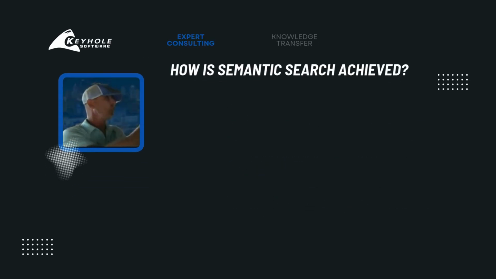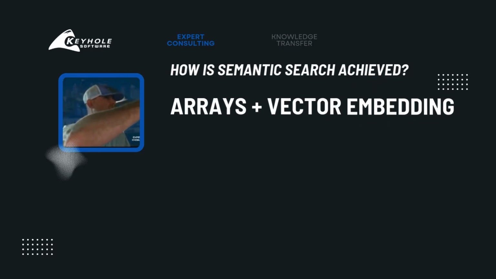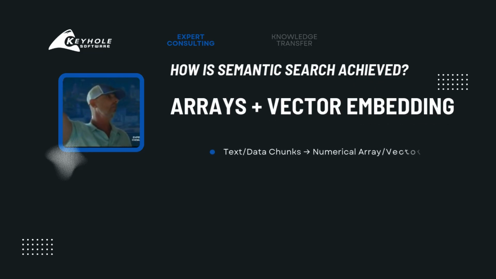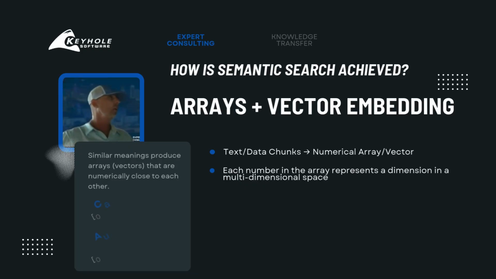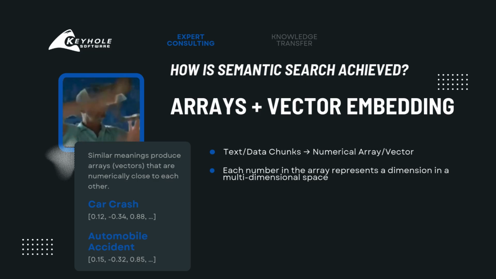Essentially, it's turning chunks of data into these high-dimensional arrays of numbers. It does this in a way that if I turn my car crash into that and my automobile accident into that, those vectors end up very close together numerically. They're multi-dimensional, right?